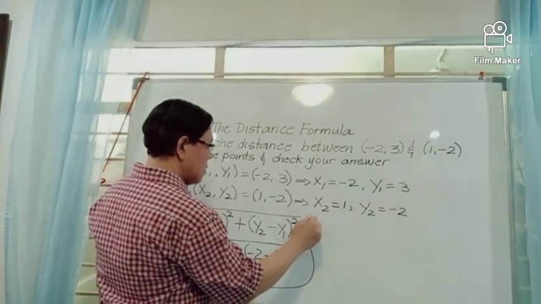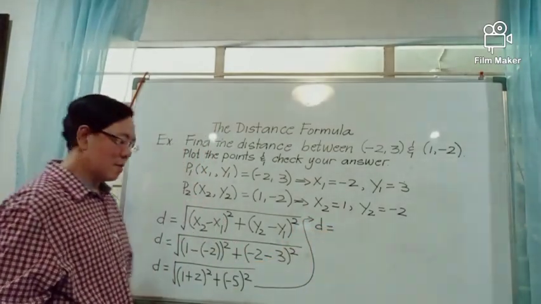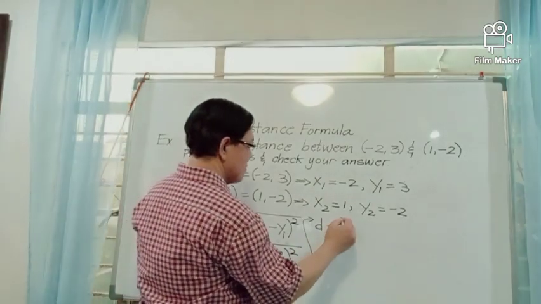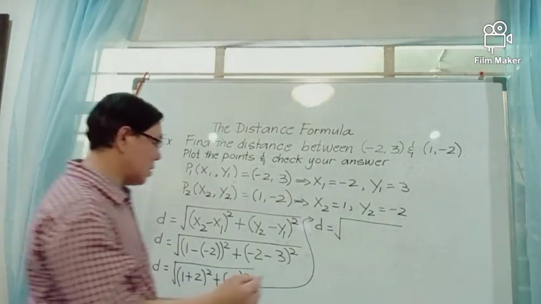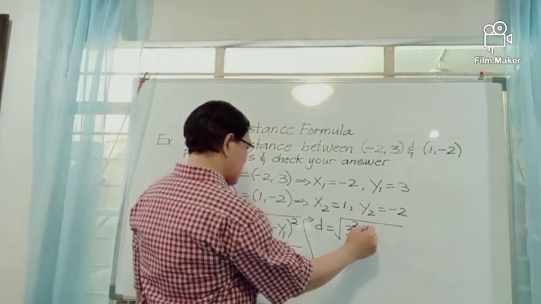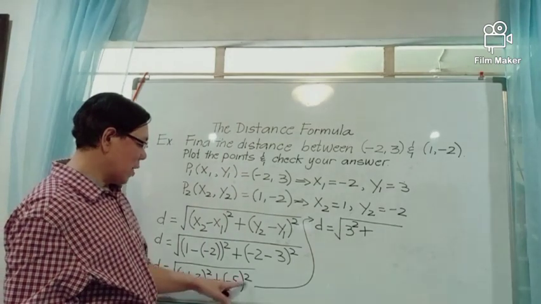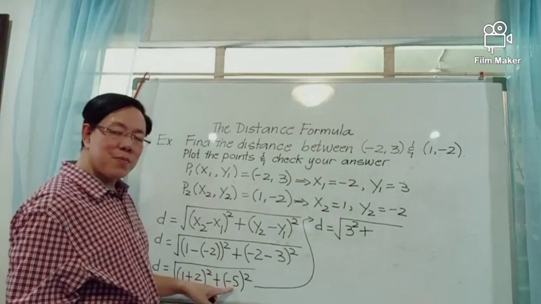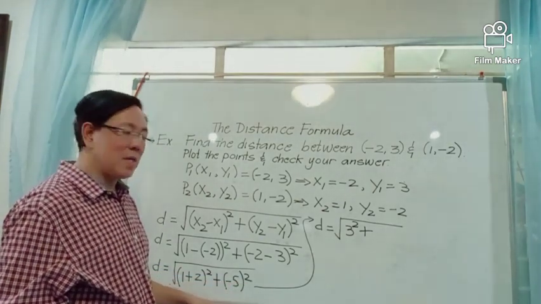And we simplify further. D equals the root of 1 plus 2 is 3 squared, plus the square of negative is positive times the square of 5, 25. So the square of negative 5 is 25.